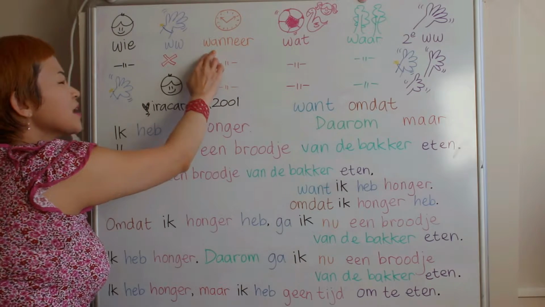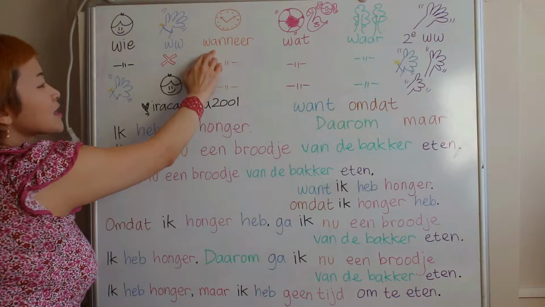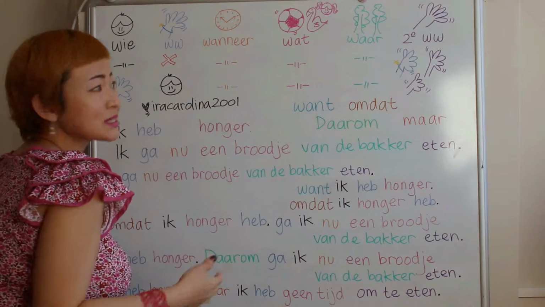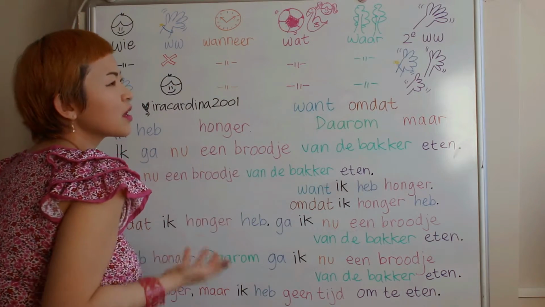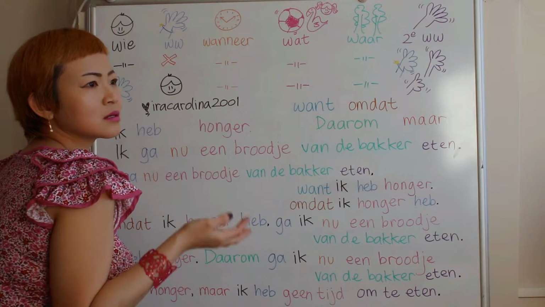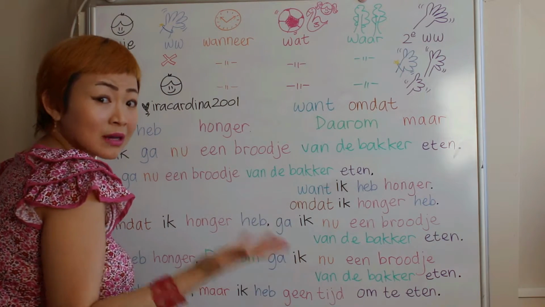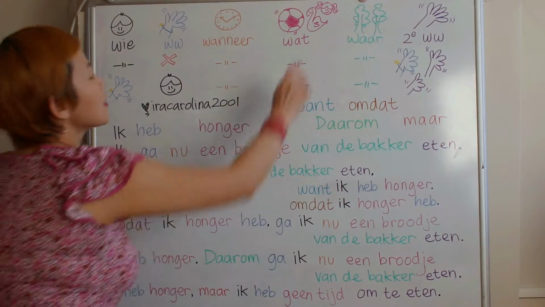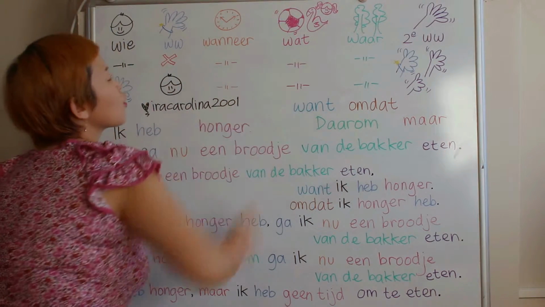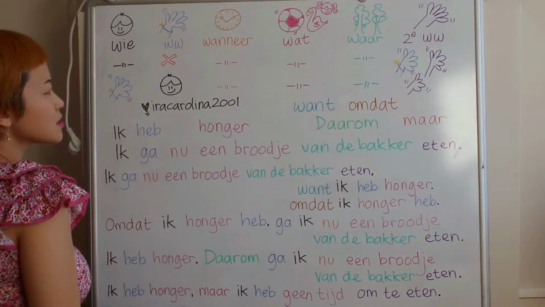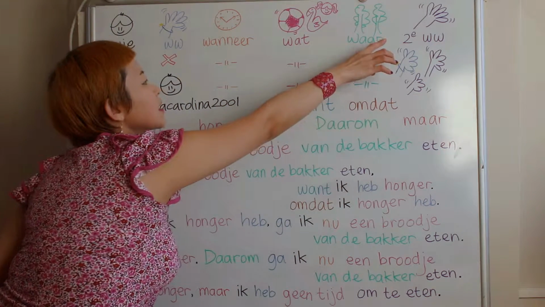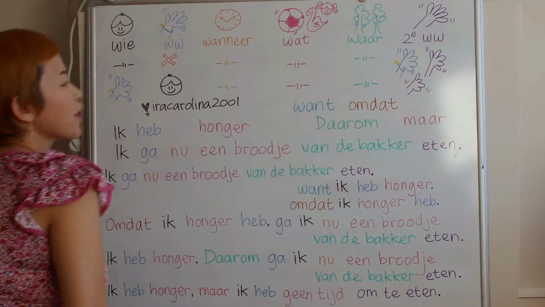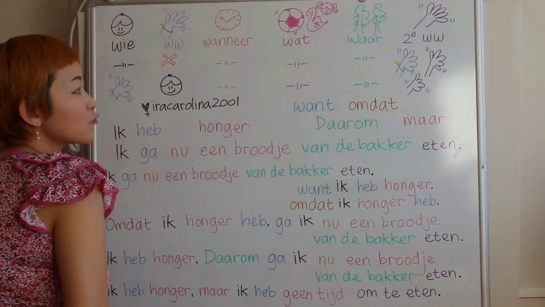Third, wanneer, when, or time signal. After that is what, can be also things as object, people, one, more than one, plants, animals. And then waar or where, the place. And then the very last one is tweede werkwoord or second verb.